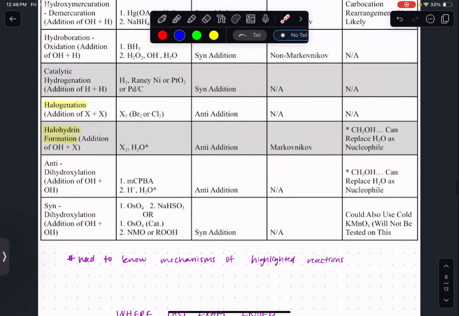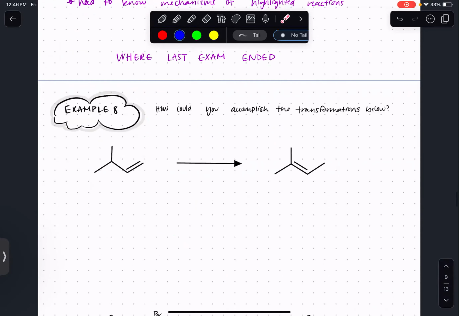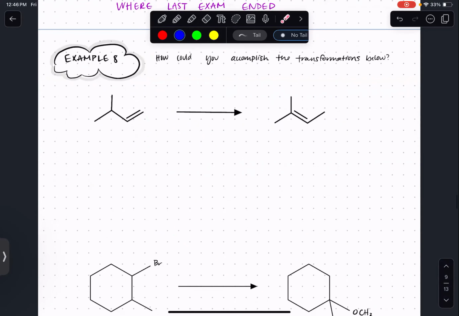And then this next example, this is gonna be one of the harder things you guys are ever gonna have to do. These are the hardest types of questions you're gonna have to do because you kind of have to be creative. And in order for you to be able to do them successfully, you have to know every single reaction that you're learning.